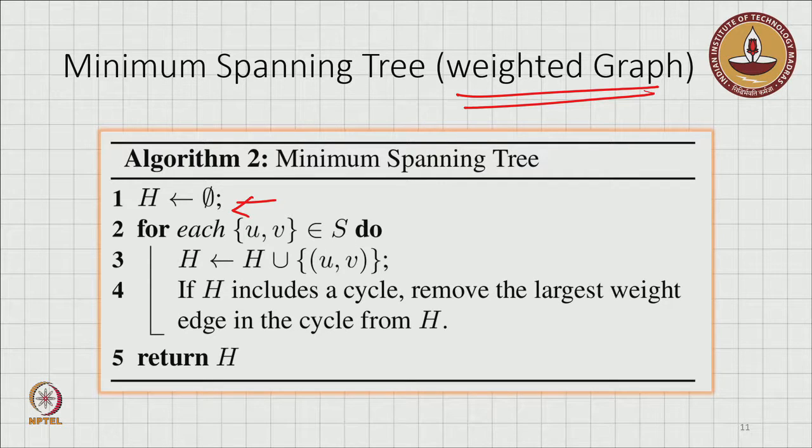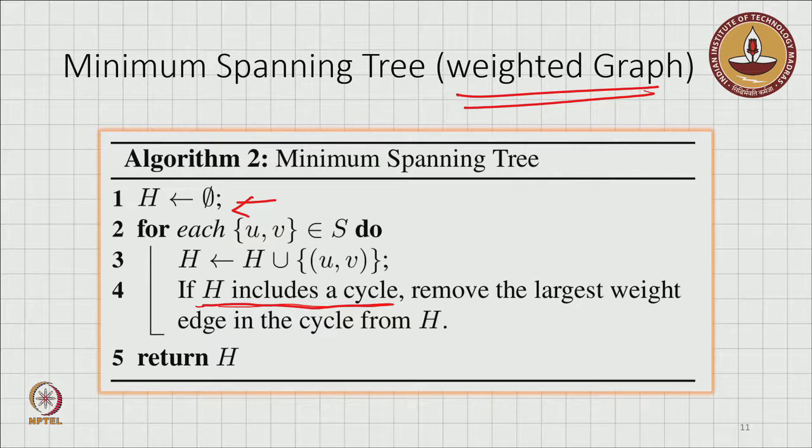Whenever we encounter an edge uv, we add the edge uv to H and ask if that created a cycle.